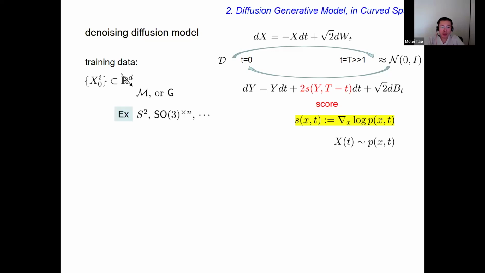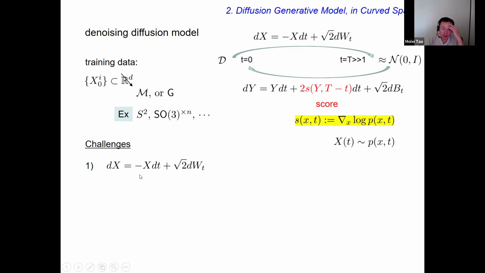The question is, what if your data actually live on a manifold, say a sphere or a Lie group, for example, in robotics, you deal with SO(3), or in molecules, you deal with SO(3) as well as SO(2), etc. What do you do? If you try to mimic the success of a diffusion model, I should say diffusion model in Euclidean space, you have a lot of challenges.